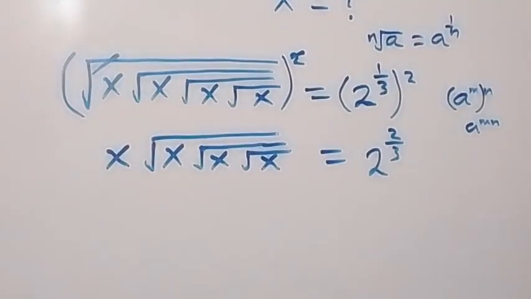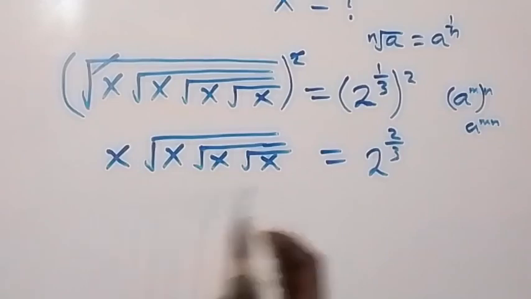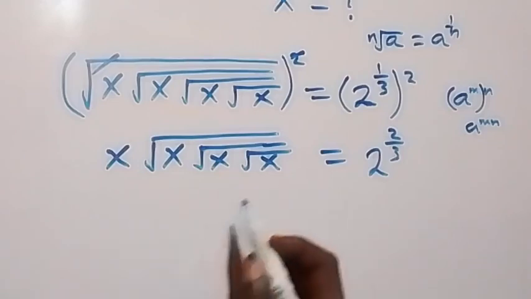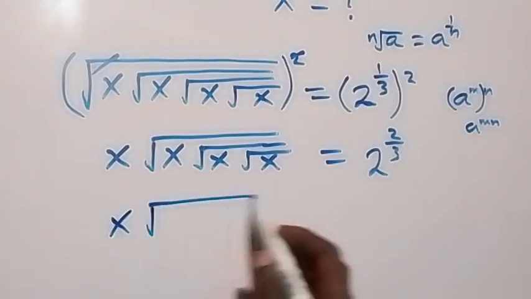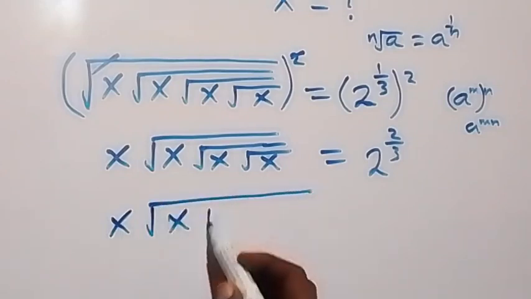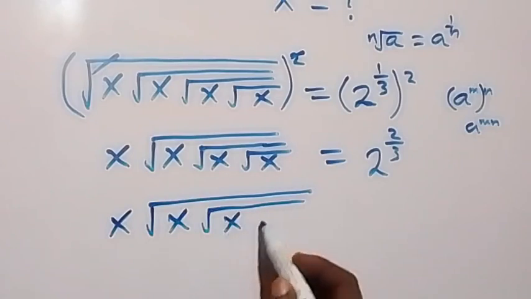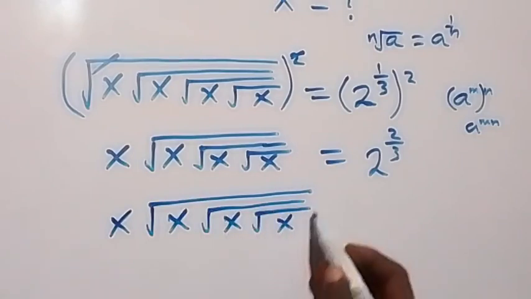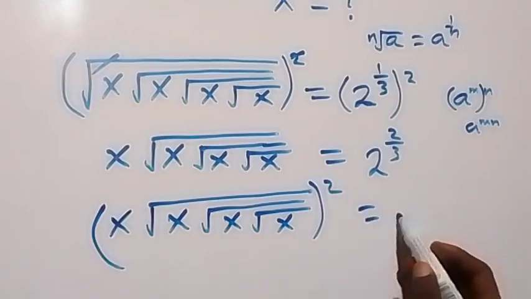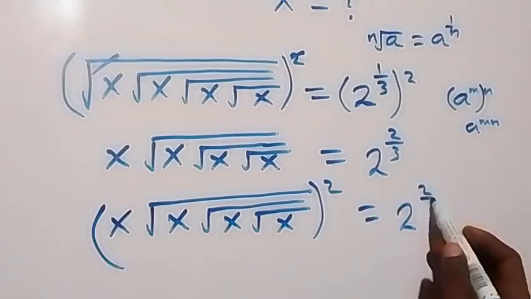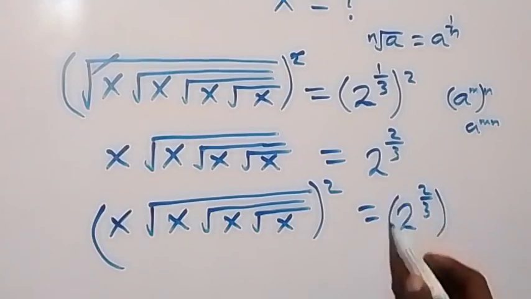Then in the next step as well, we can square both sides of this equation. That is, we have x root x, then root x square now, then also this side square, which is 2 raised to power 2 over 3, then square.